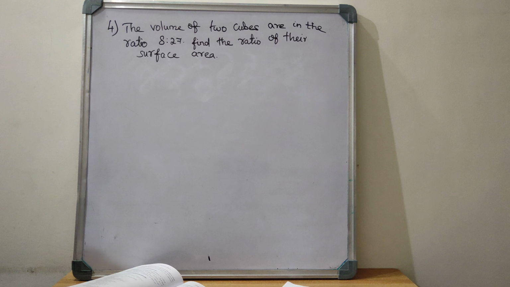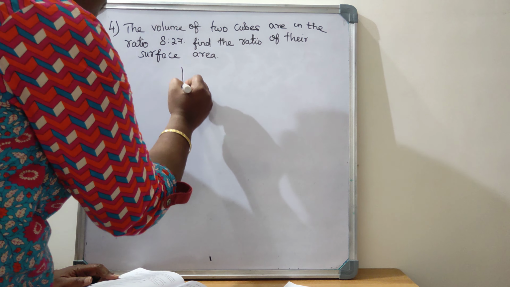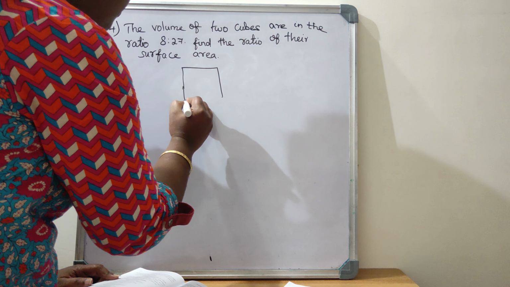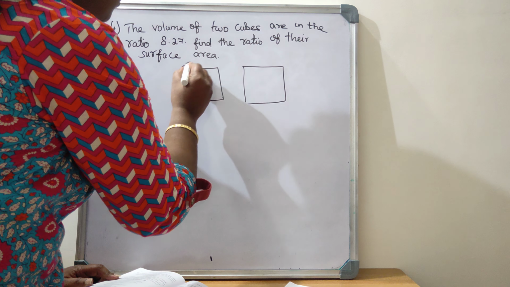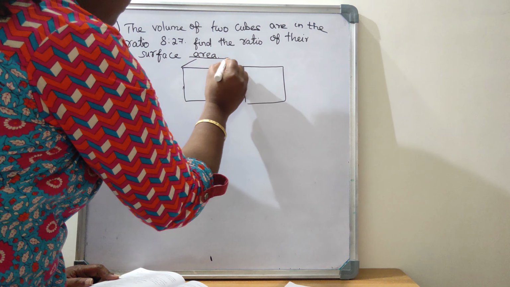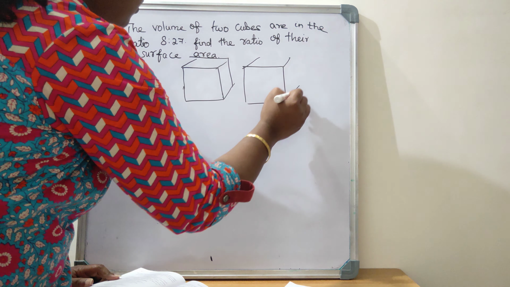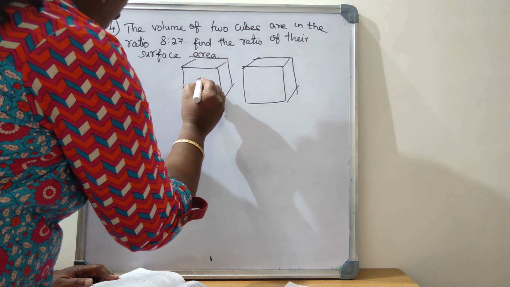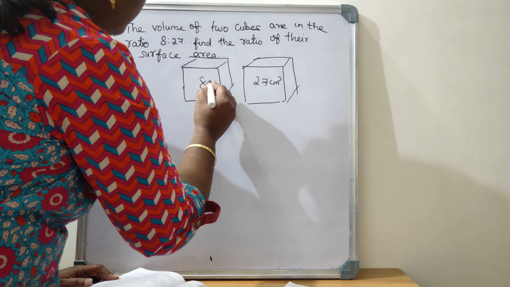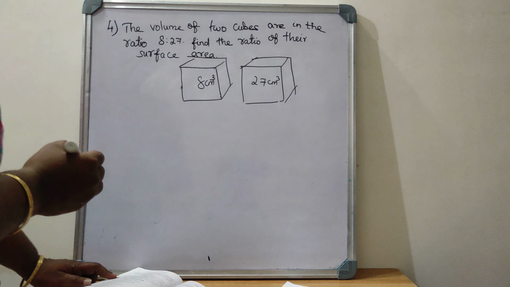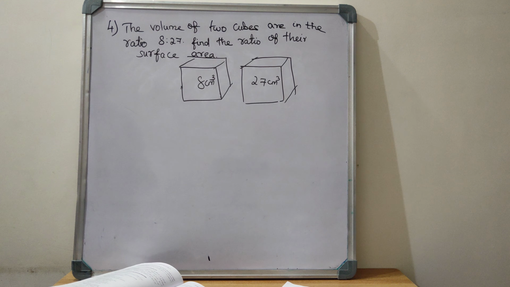So the next sum, the volume of the two cubes are in a ratio 8:27. So we have two cubes. The volume of this is 8 and this is 27. So from this we have to find the ratio of the surface area.